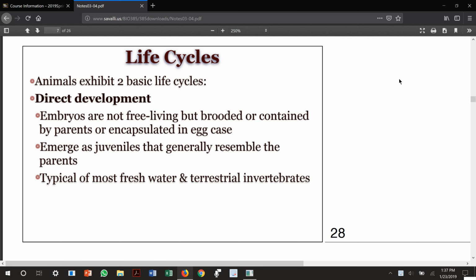And so most freshwater and terrestrial invertebrates, will skip insects for the moment, insects are a special case, tend to have direct development. Young develop inside of a protective egg or egg case or inside of the female until they're developed enough to be able to function on their own, looking like miniature adults.